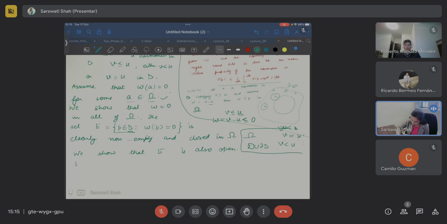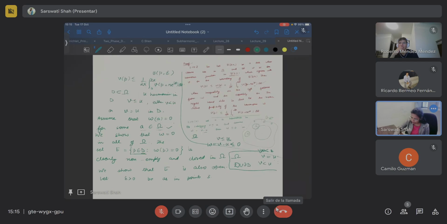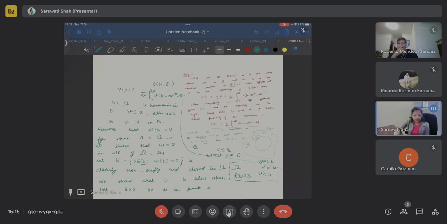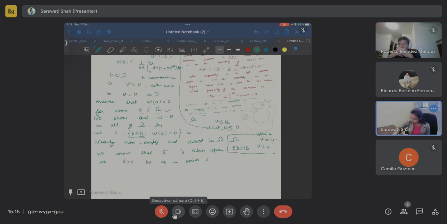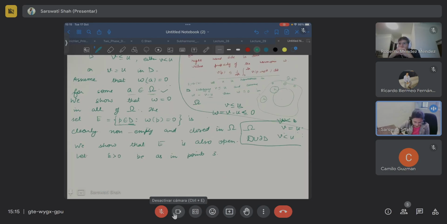So let epsilon greater than 0 be as in point 3. Epsilon is defined in such a way that we are forming a ball centered at P with radius epsilon over 3.